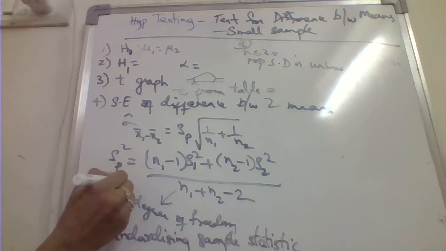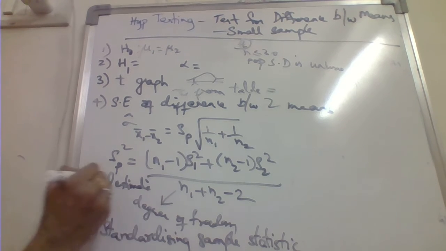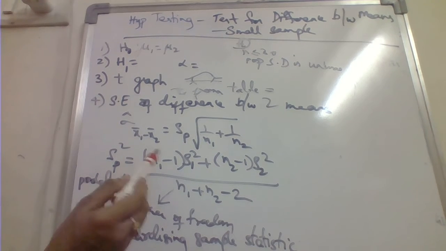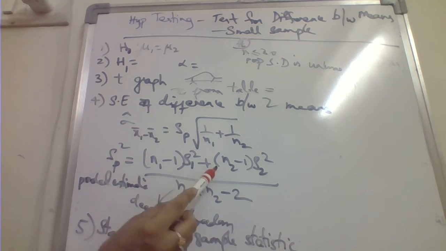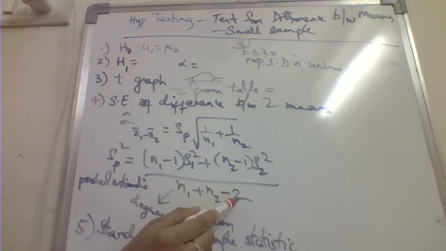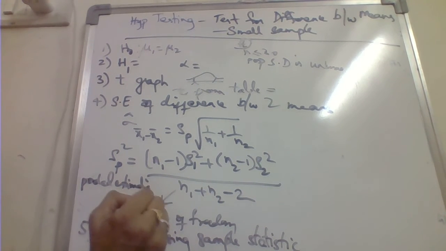So you find this Sp first. Sp square is n1 minus 1 times s1 square plus n2 minus 1 times s2 square, divided by n1 plus n2 minus 2. This is the degree of freedom.